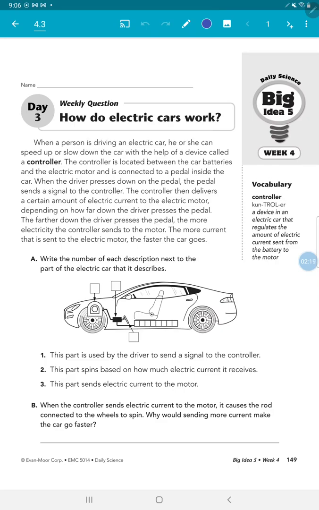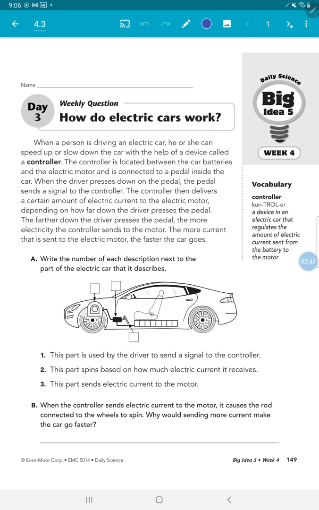When the driver presses down on the pedal, it sends a signal to the controller. The controller then delivers a certain amount of electric current to the electric motor, depending on how far down the driver presses the pedal.